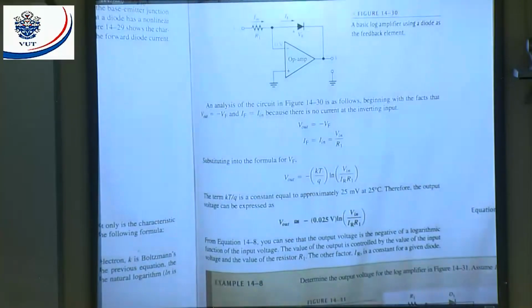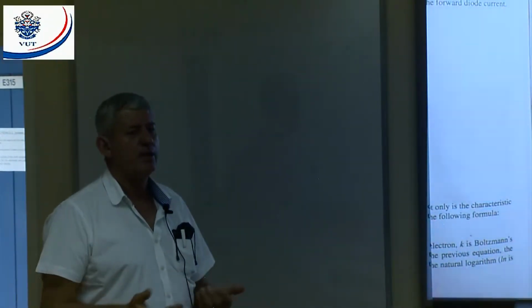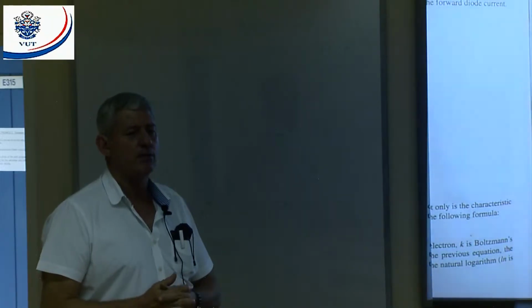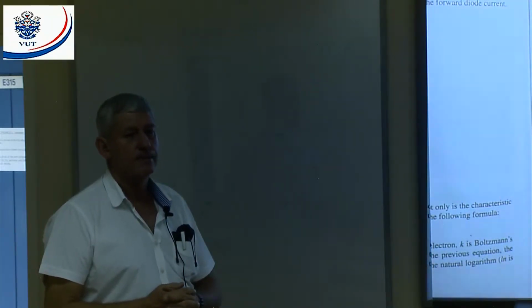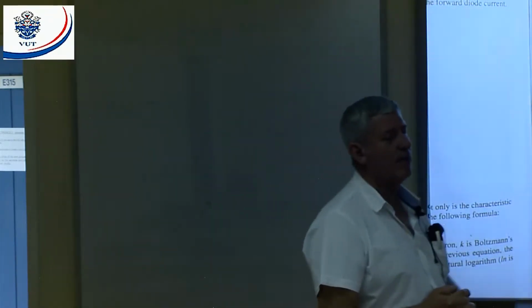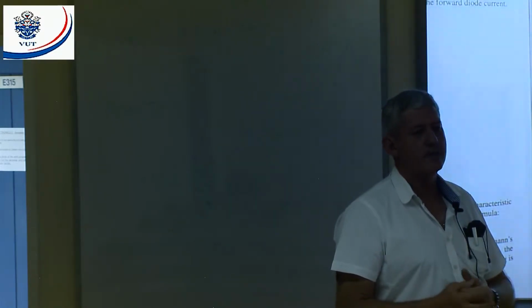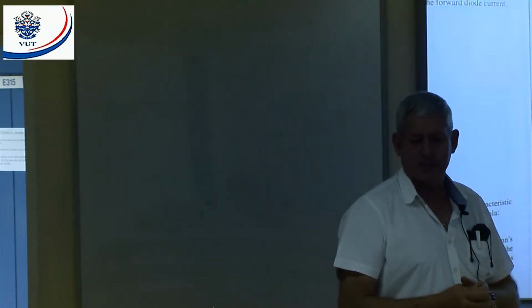Right, where did you use that 25 millivolts previously in your course? When we calculate RE accent, you remember RE accent that you use in the amplifier circuits, all right?